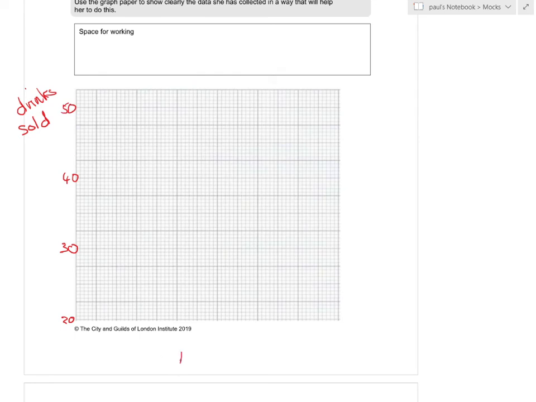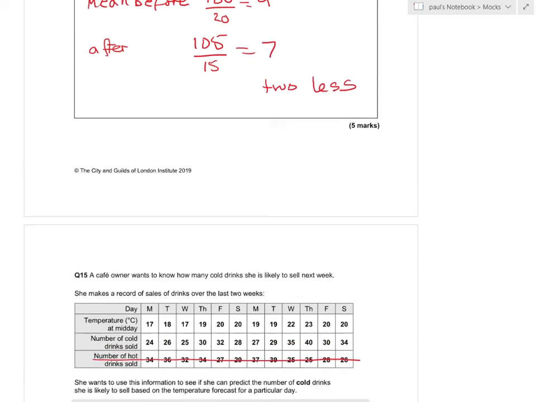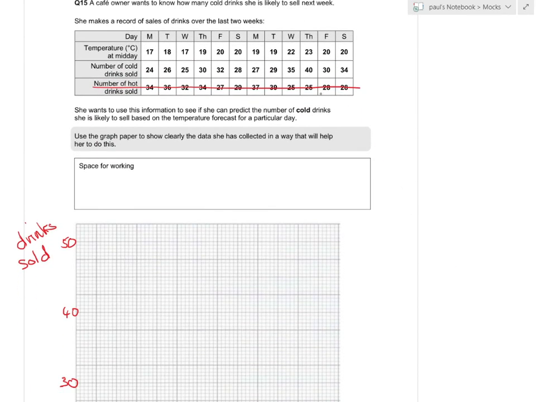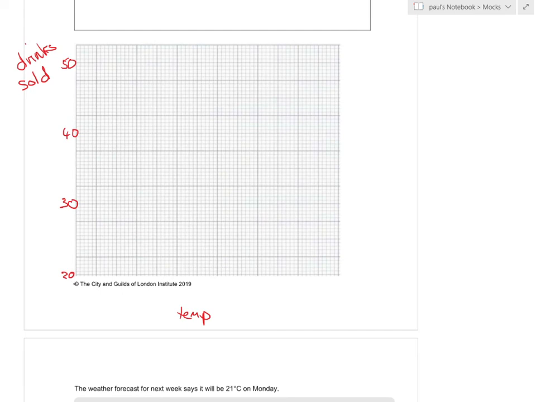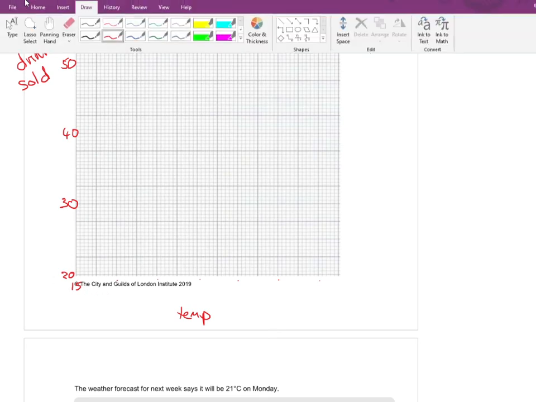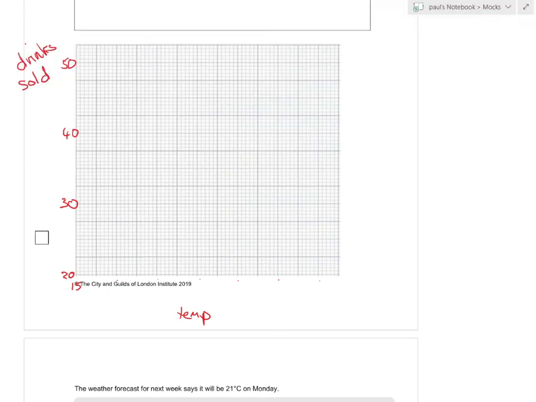And this is the temperature. And the temperature goes from 17 up to 23. So let's do 15, 16, 17, 18, 21. Doesn't fit. So can't fit.